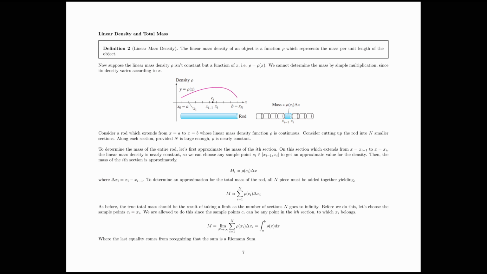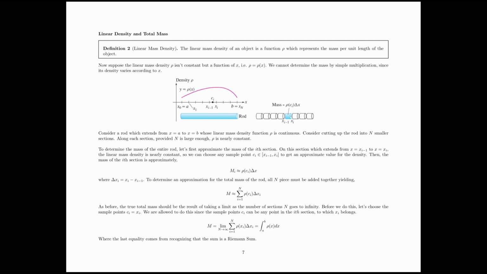It doesn't have to be something of the form mx plus b, a first degree polynomial. Linear just means that as we move in a certain direction, the density potentially is changing. So if we think about a certain x value, the density is changing only if we change that x value. So the density is the same at this point here, as it is here, as it is here. So it's only varying in this one direction.